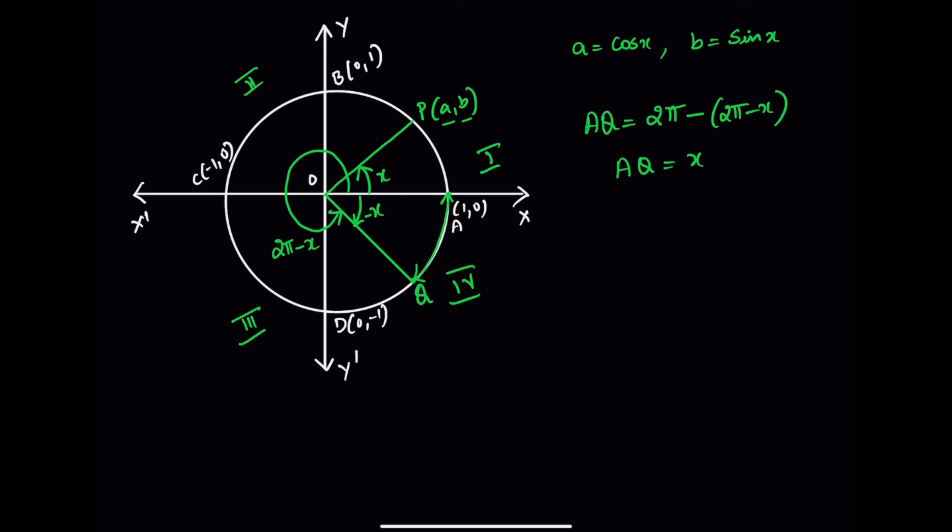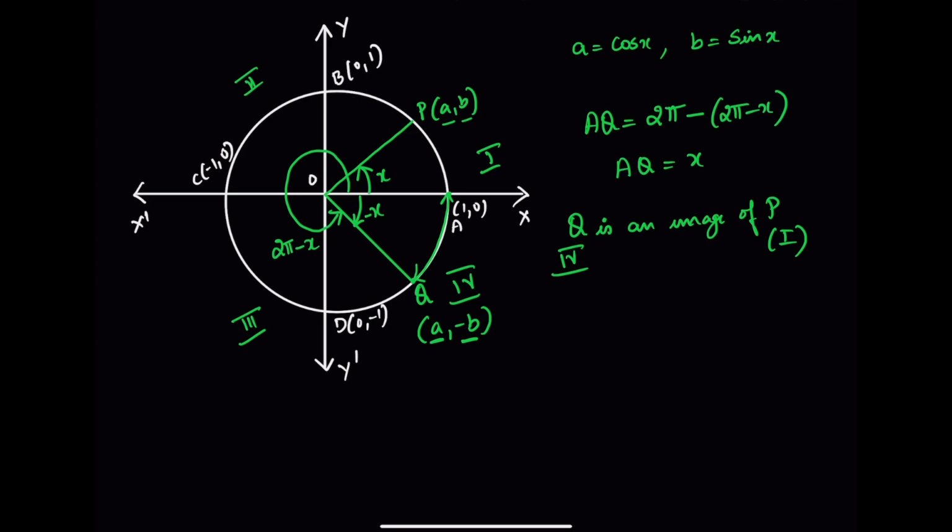From this, what we observe is Q is an image of P. But only difference is Q is in the fourth quadrant and P is in the first quadrant. So in the fourth quadrant, we have a, minus b as the coordinates, because in the fourth quadrant, x coordinate is positive and the y coordinate is negative.